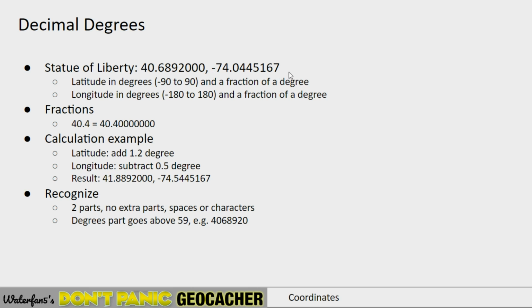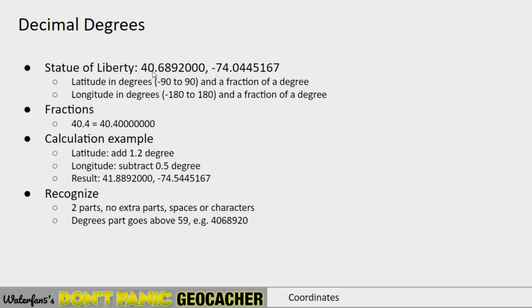No letters involved, no minutes involved, no minutes or degrees symbols, and no spaces, right? Just 2 fractional numbers that you see here. Where, of course, the same rules for the degrees still apply: from minus 90 to plus 90 for the latitude, and minus 180 to plus 180 for the longitude.